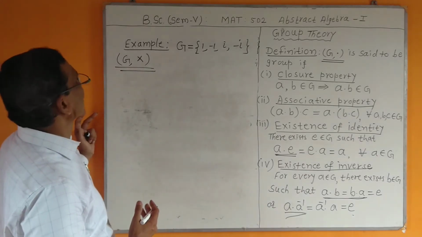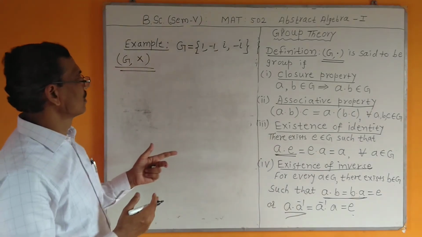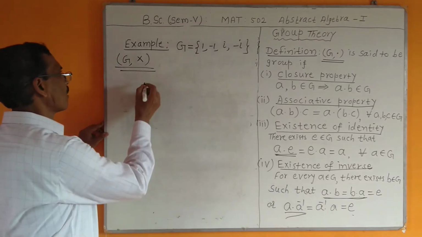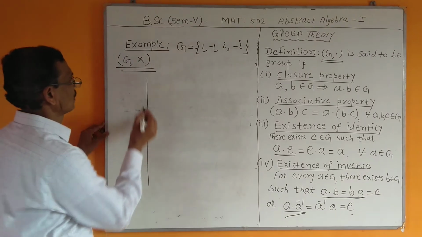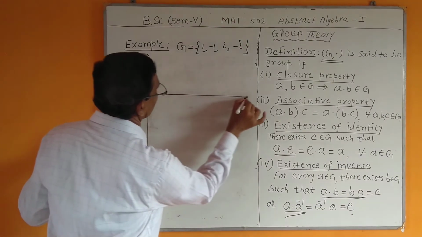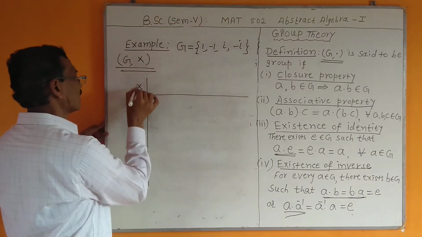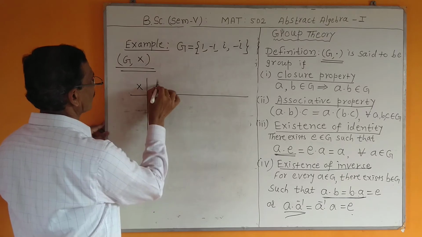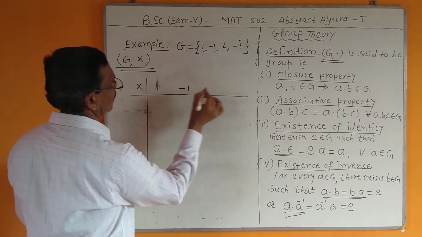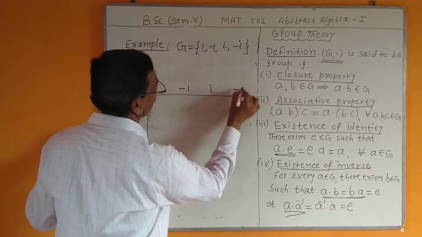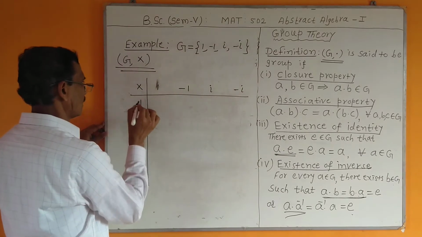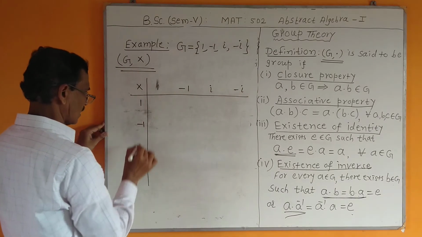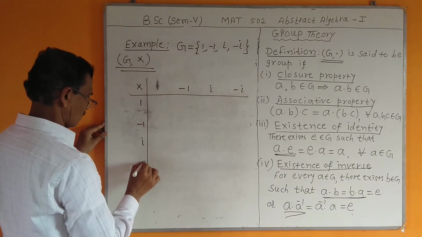But in this case, as G is a finite set, we shall construct a composition table. Write here the multiplication binary operation, and the given elements 1, minus 1, i, minus i along the row and column.